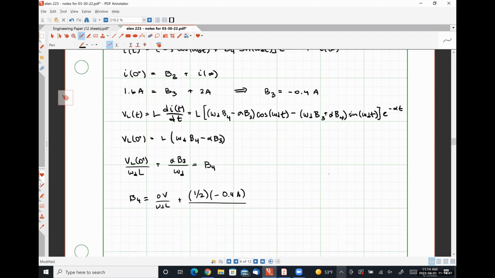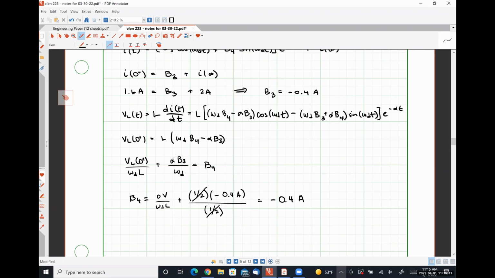Okay. Obviously, these 1/2s cancel each other out, and B4 is just negative 0.4. So B3 and B4 have the same coefficient.